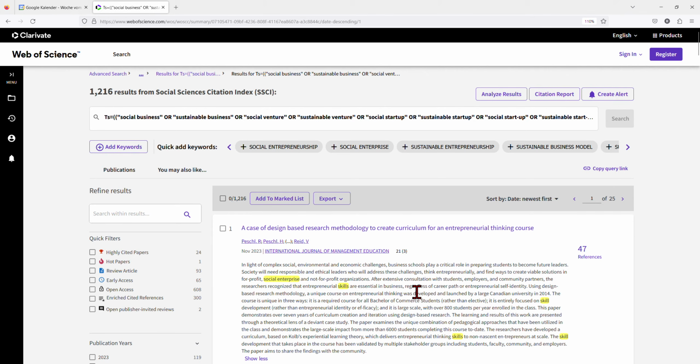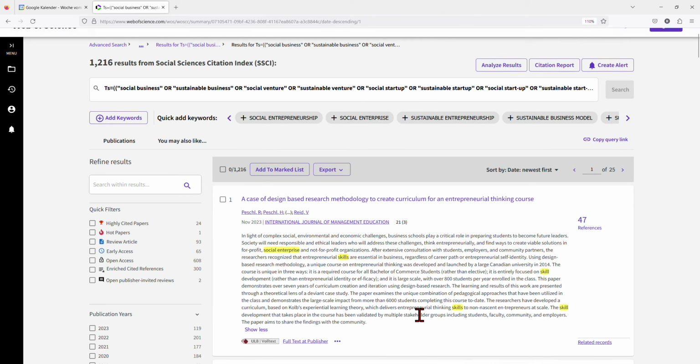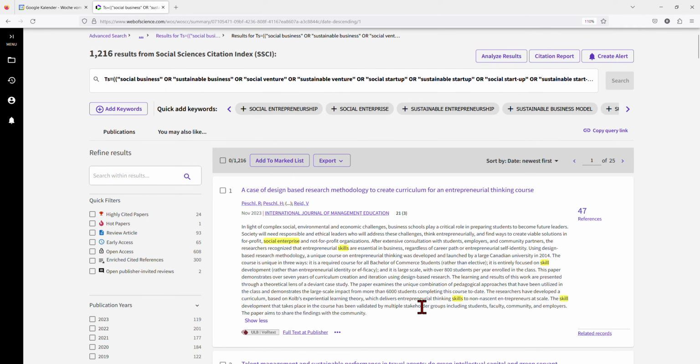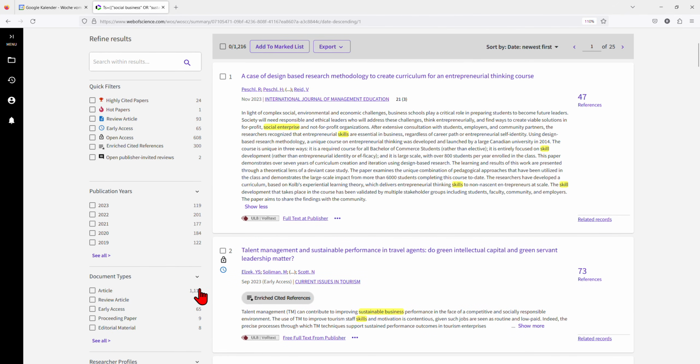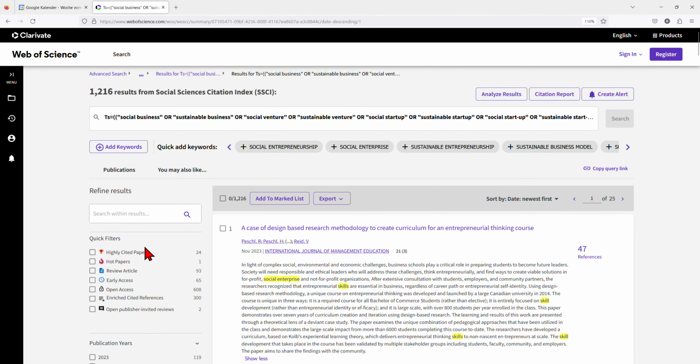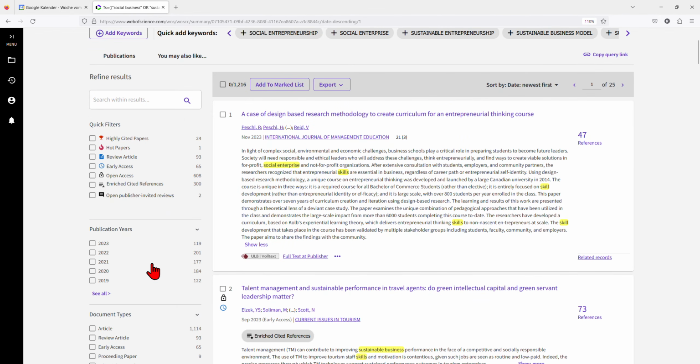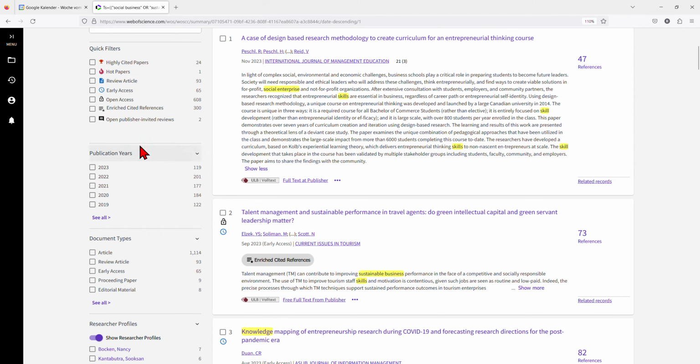So what I would like to do then, and that's basically towards the end of this short introductory video of how to use these databases, is this left side here. So you can now restrict the searches to certain aspects. For example, you could restrict the searches here to different publication years.